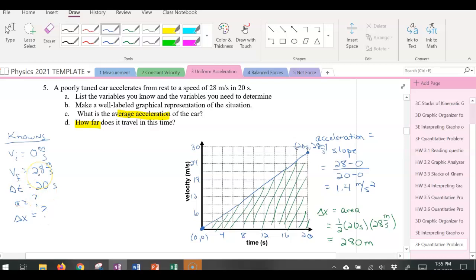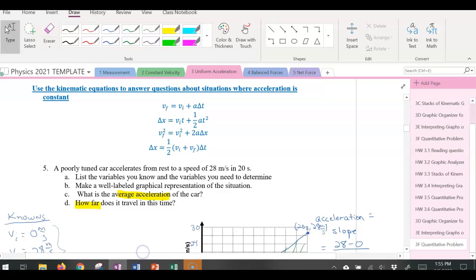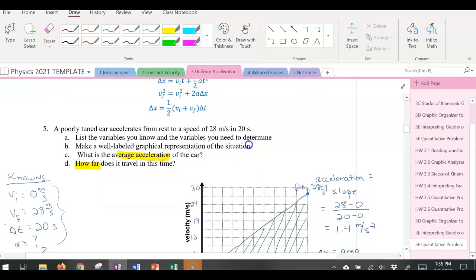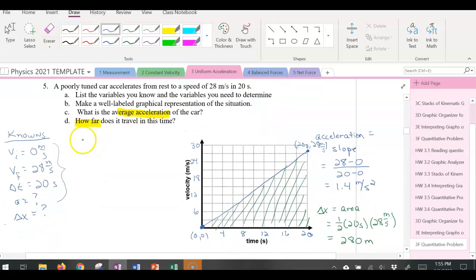So if I take this set of 4 variables, initial and final velocity, elapsed time, and acceleration, I can see that I want to apply the first kinematic equation because I know 3 of those things and I'm looking for the 4th. So VF equals VI plus the acceleration times time.